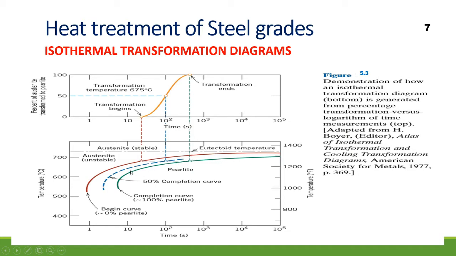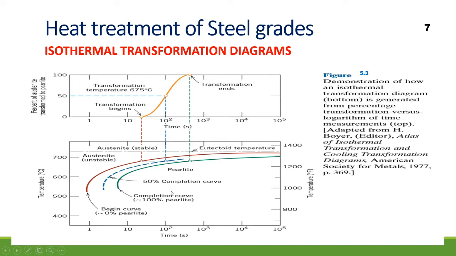If I join all the transformation begin points, I will get this red curve, which is known as the begin curve, and if I join all the transformation end points, I will get this curve in green, called the completion curve.